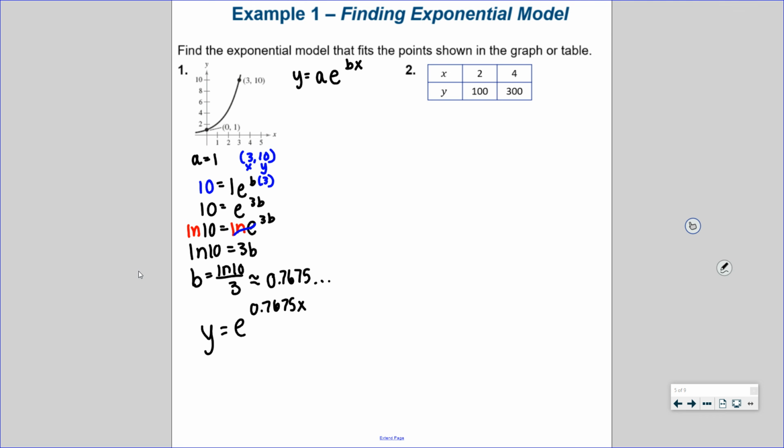You want to just have x's and y's. Remember, e is really a number too, so it's technically not a variable. That would be an example of an exponential growth model. How do I know it's growth? My b value came out positive, right? If you had exponential decay, that b value would come out negative, and then you just plug it in.